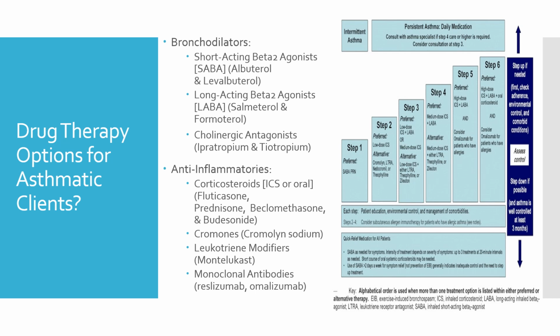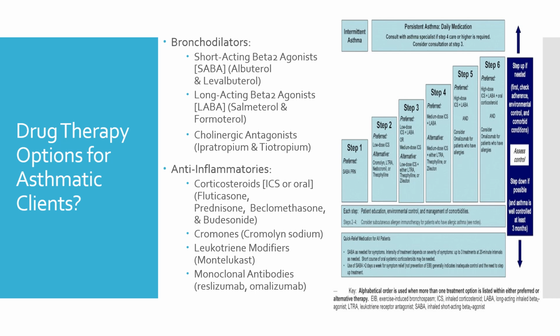So drug therapy options for these asthmatic clients, this is the step thing that I was talking about. Our options are going to be in these two broad categories of either a bronchodilator or an anti-inflammatory. So here are our steps: step 1, step 2, step 3, step 4, and step 5 is where your book leaves off, but there is technically a step 6.